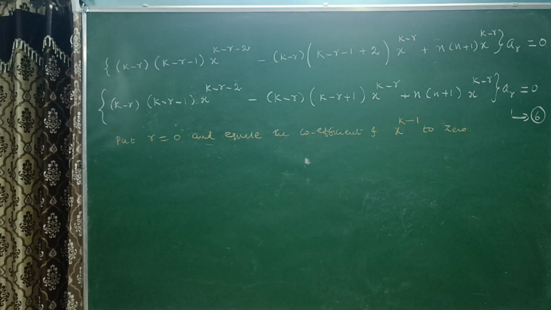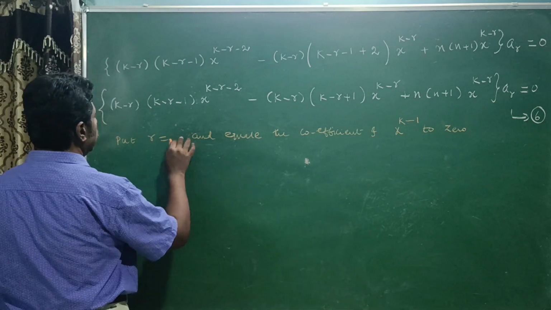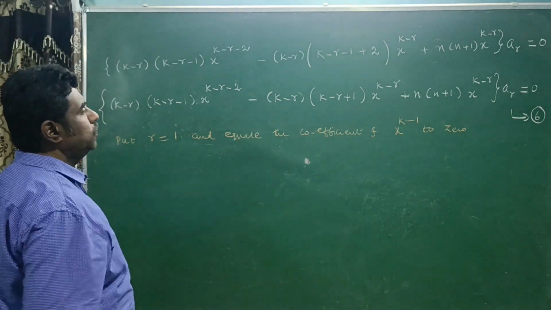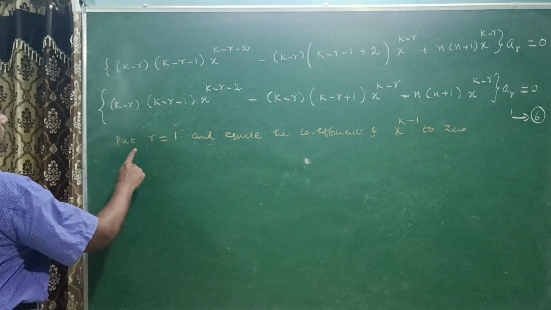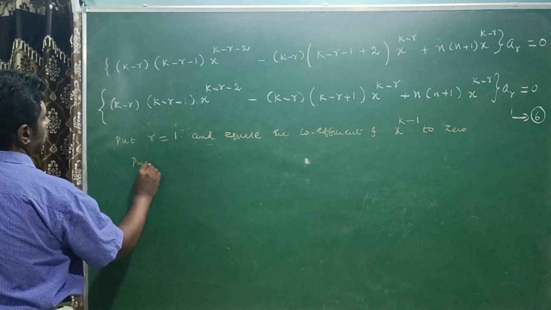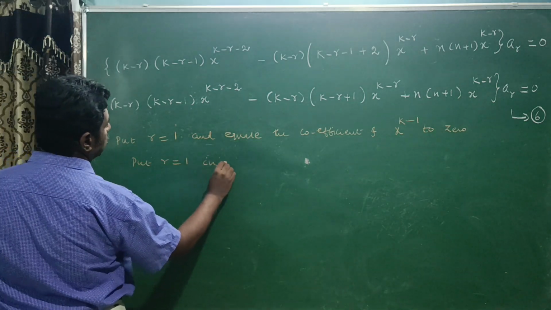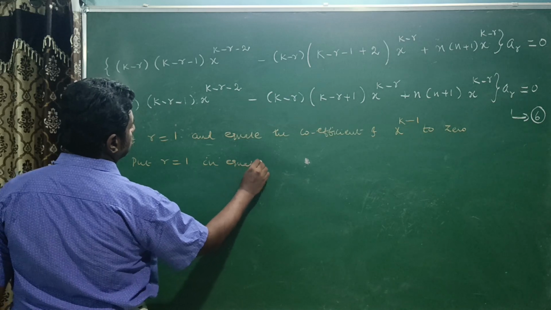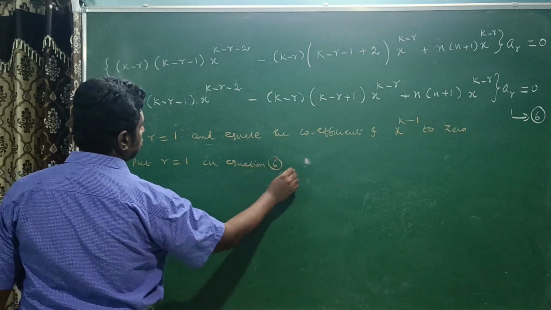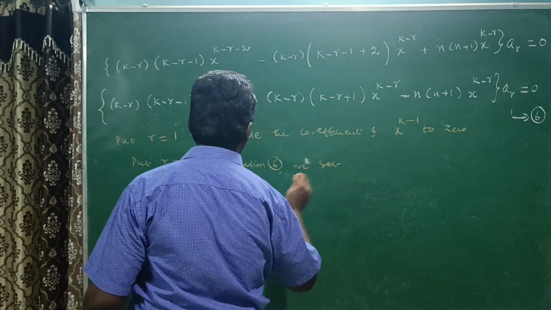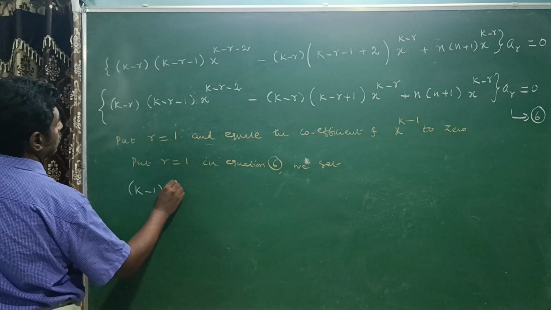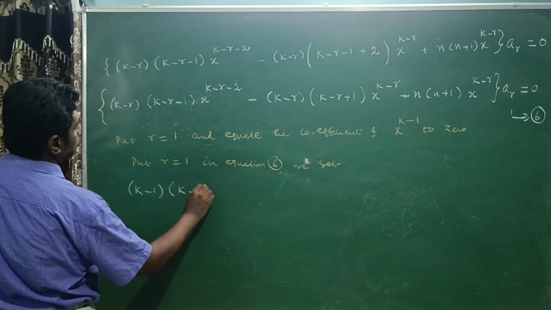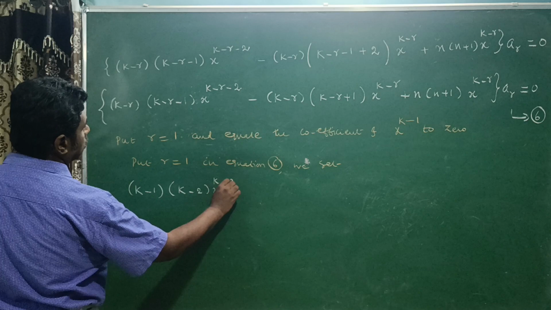Now, put r equal to 1 and equate the coefficient of x power k minus 1 to 0 in equation 6. Put r equal to 1 in equation 6. We get k minus 1, k minus 2, x power k minus 3.